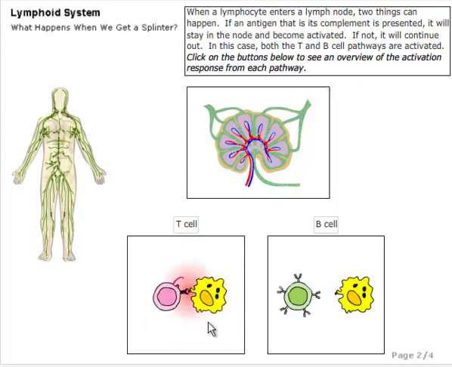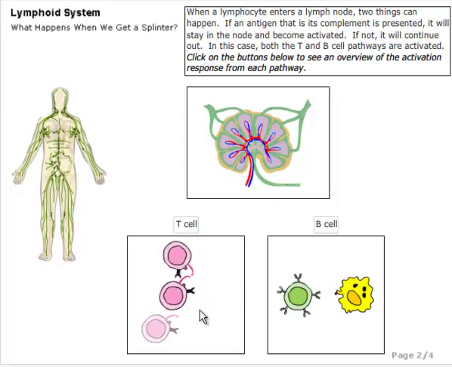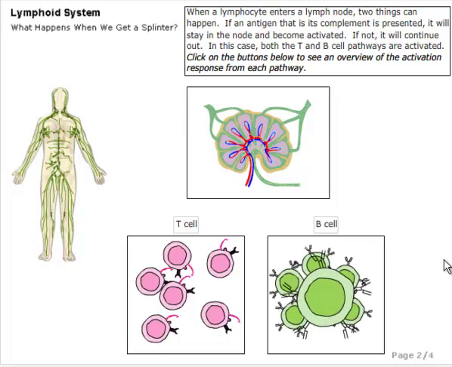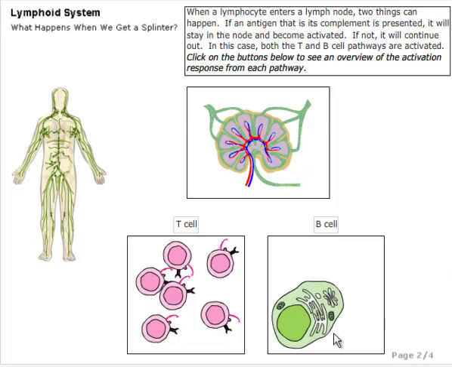If T cells interact with an antigen presenting cell, they start dividing, and you can see these guys multiply and start producing more T cells that are going to be able to recognize that antigen. Same with the B cells. Our B cells can interact, they start multiplying, they differentiate, and they start expressing soluble antibodies.